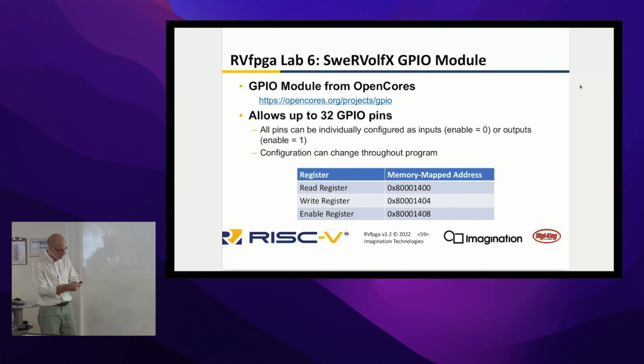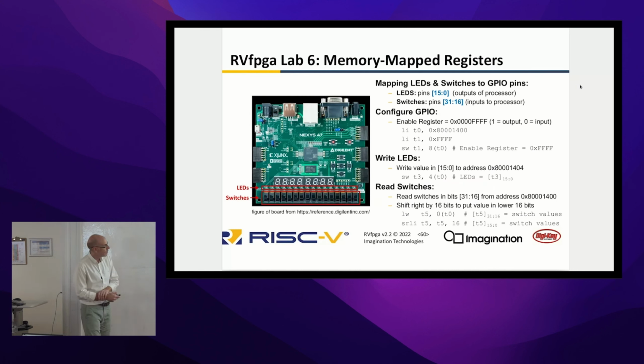So taking this into account, we can configure these peripherals, the switches and LEDs, using the GPIO by writing to the enable register this number, which is 16 zeros followed by 16 ones, because the LEDs on the board are connected to the 16 rightmost pins, and the 16 switches are connected to the leftmost pins.